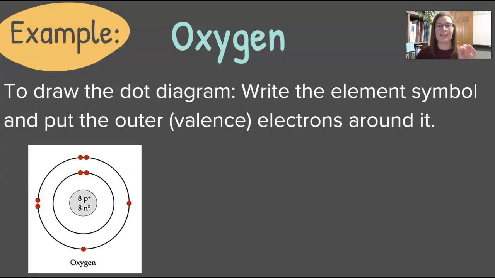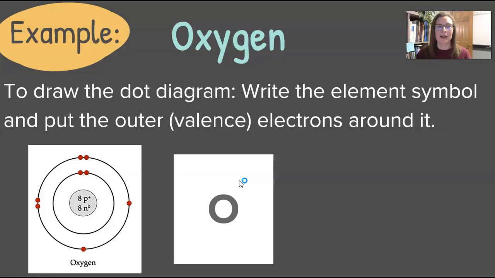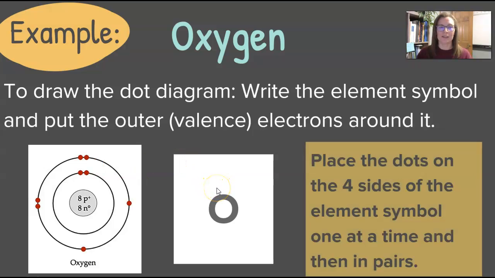To draw the dot diagram for oxygen, we're going to write the element symbol, and then we're going to put the valence electrons, those 6 valence electrons from the outer energy level, around the element symbol like this. We're going to place the dots on the 4 sides, pretending it's a square, of the oxygen.